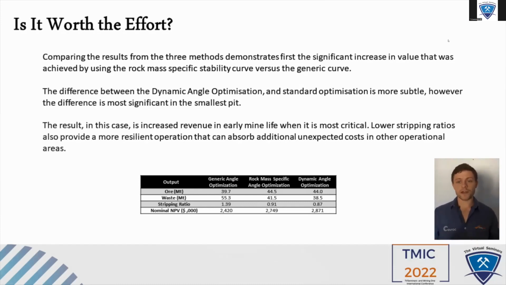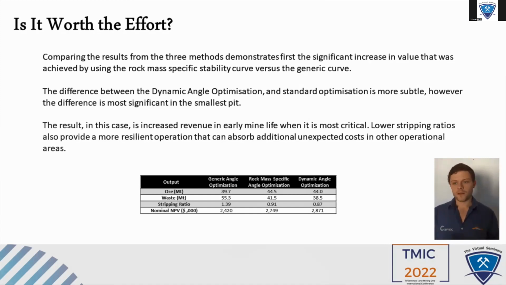The difference between the dynamic angle optimization and the rock mass specific single angle approach is more subtle. However, much of the gain is made in the time value of money. The smaller pit shells that would be extracted first, the early cutbacks, have steeper angles and better economics, but ultimately the final pit shells are the same.